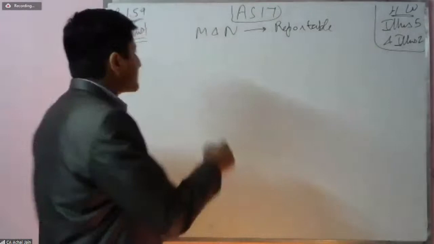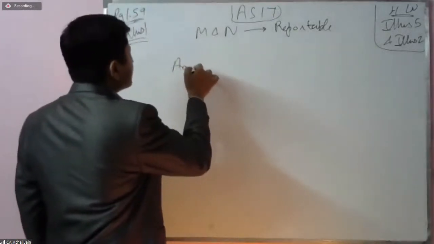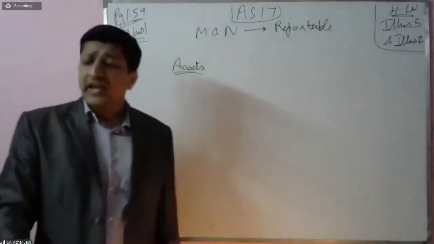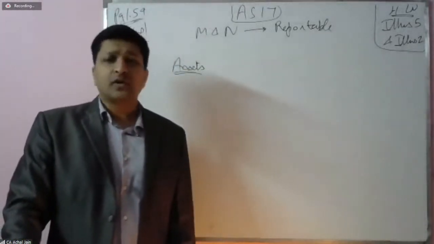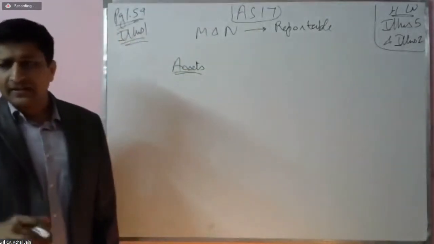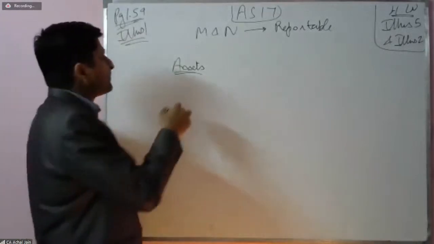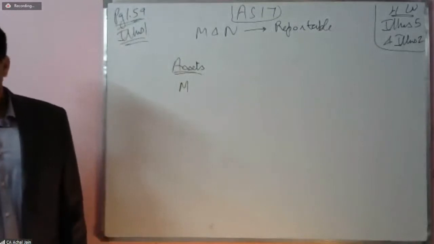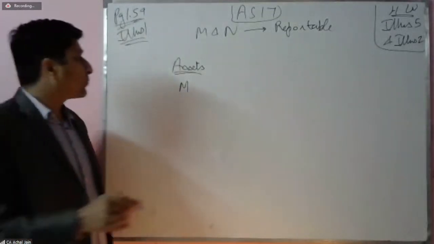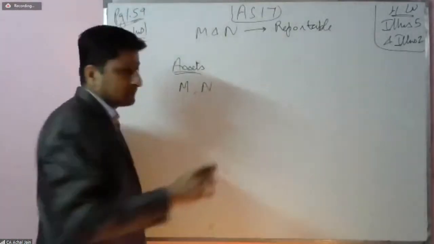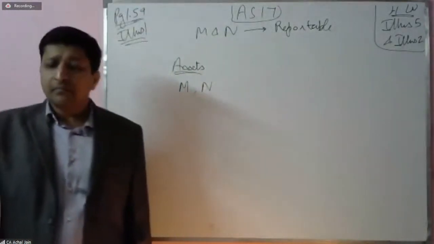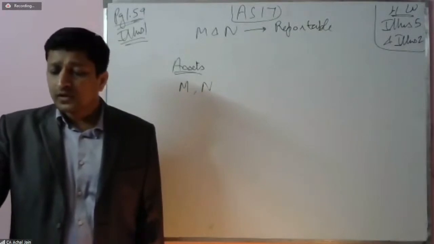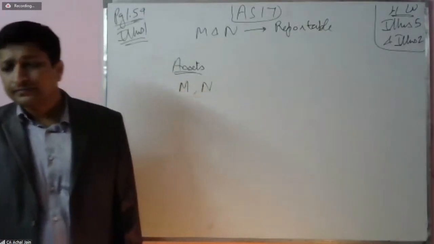If we look at the assets, assets of M are 40, total is 200. So it's greater than 10%. So M becomes reportable. N also becomes reportable. Correct?